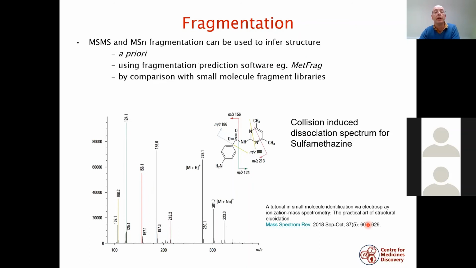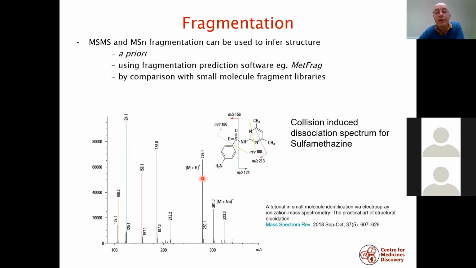Another tool within your armory for working out what things are is fragmentation. We can do MSMS fragmentation, so this is isolating your compound via its mass to charge, and then doing a single round of fragmentation, which would be MS2, or you can isolate a fragment and fragment that again, and you can do multiple rounds of fragmentation, and you can use this to infer the structure.